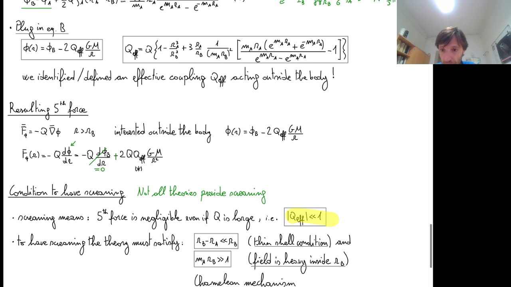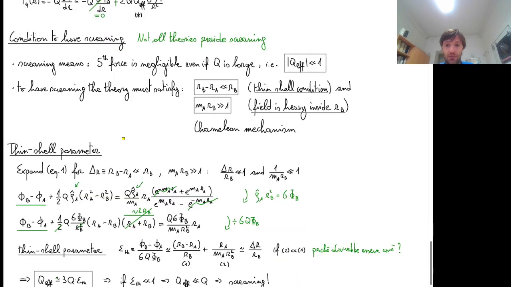When RB minus RA is much smaller than RB, meaning this is negligible, and RA over RB much larger than 1, meaning this one is negligible. Such that this one is much smaller than 0 because of that, and this one is much smaller than 0 because of that, such that all of this is very small. Such that the fifth force is very small, within the error bars of our local measurements. That's the trick.